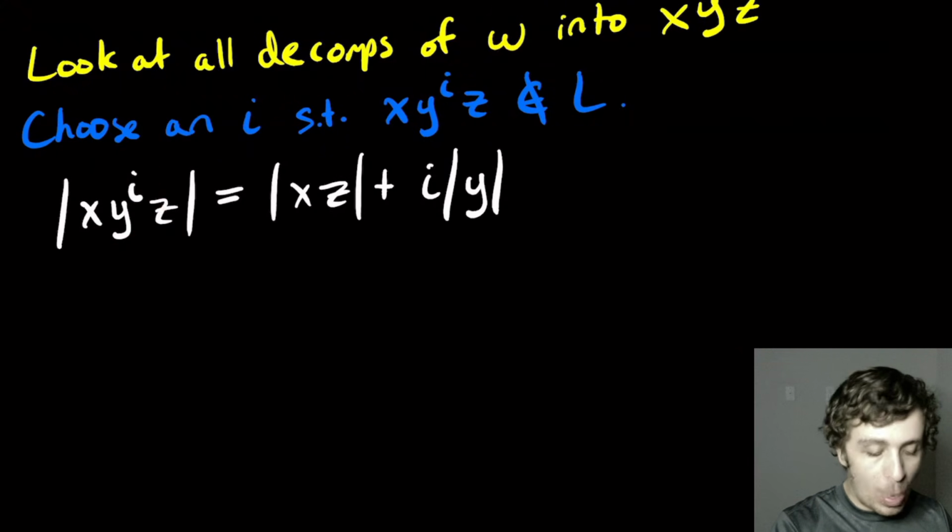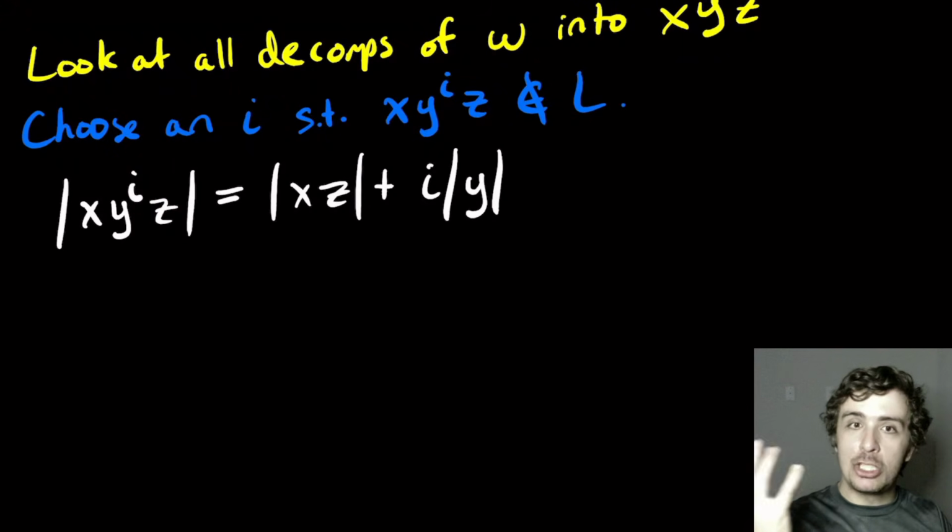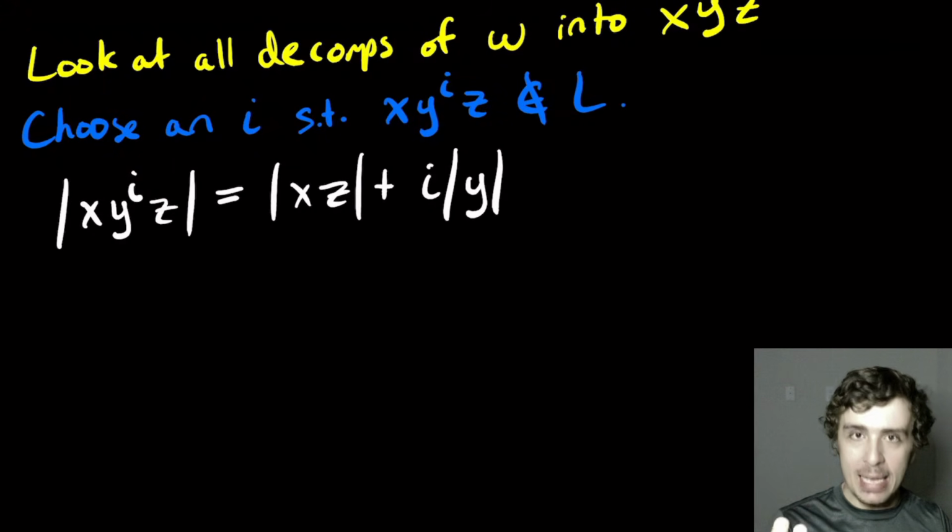Why is this true? Because I have a single copy of x, a single copy of z, and y to the i is just i copies of y. So that's i times the length of a single instance of y. It is literally the same string because it's all zeros, but I'm only considering the length.